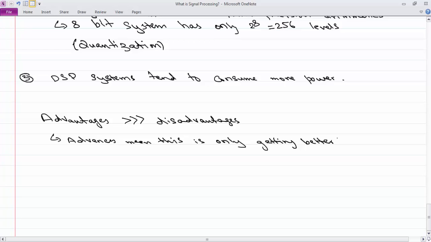So 20, 30 years ago, you used to have 8-bit computers, then you got 16-bit computers, then you got 32-bit computers, now you have 64-bit computers. So 64 is 2 to the 64 levels. All the disadvantages that we have talked about, their effect is becoming less and less and less. And that's why we really prefer DSP systems over analog systems.